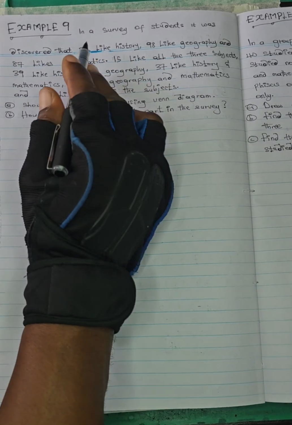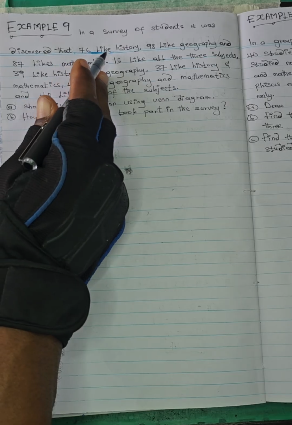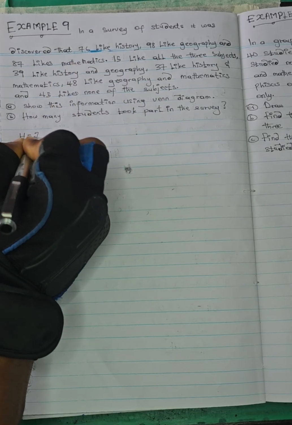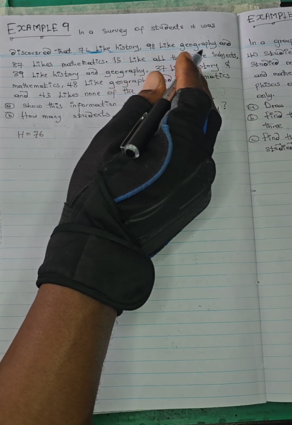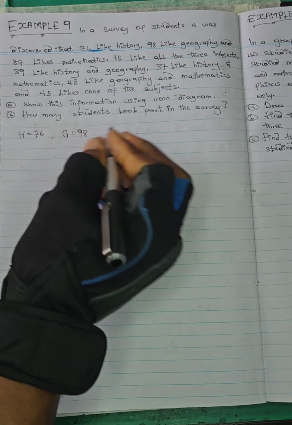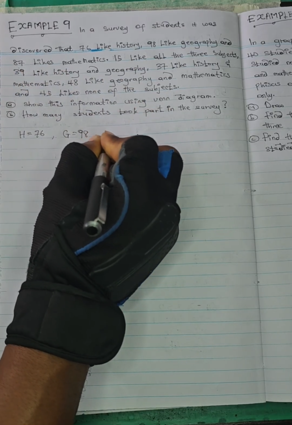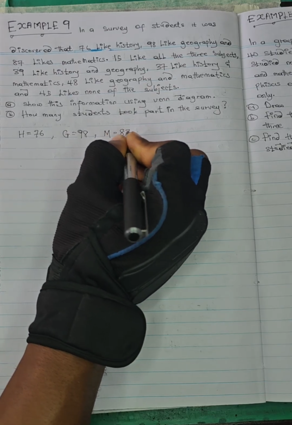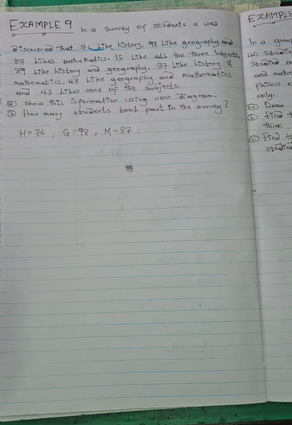Example 9. In a survey of students, it was discovered that 76 like history. Let's say that history is H. 98 like geography. Let's say geography is G. And 87 like mathematics. Let's say mathematics is M. 15 like all the 3 subjects.